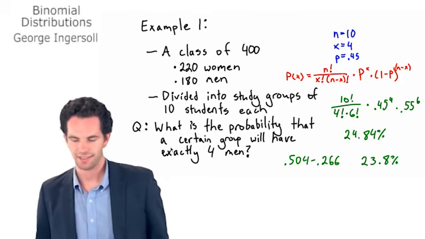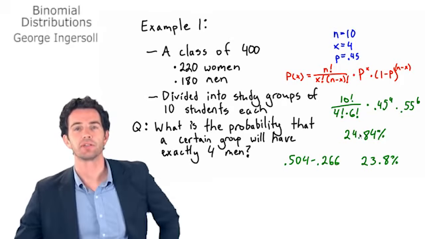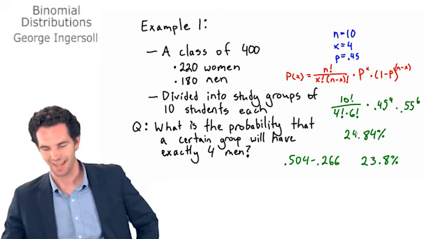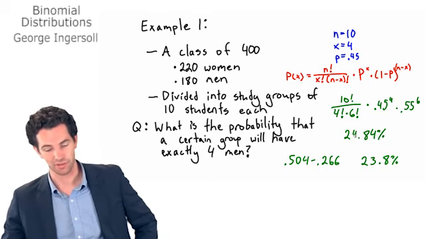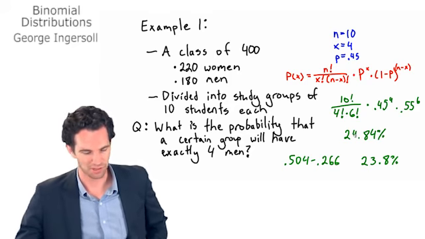I suspect that isn't correct, or at least these two numbers don't match because I did a calculation wrong in the first place. So for those of you who were following along originally and got a number that was different, got 23.84%, I apologize. I hope there wasn't too much confusion.